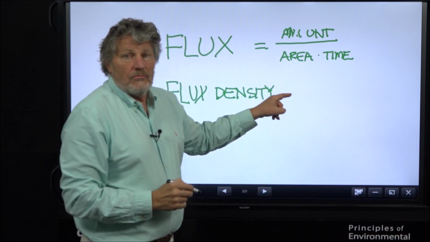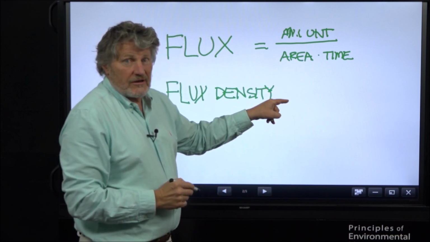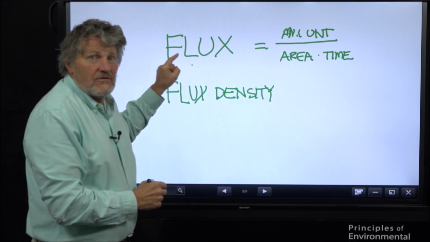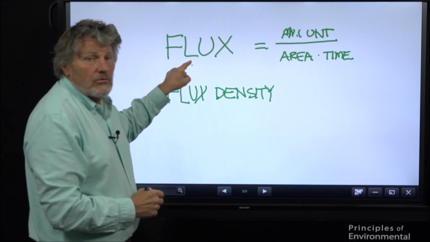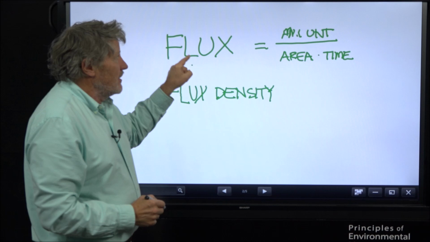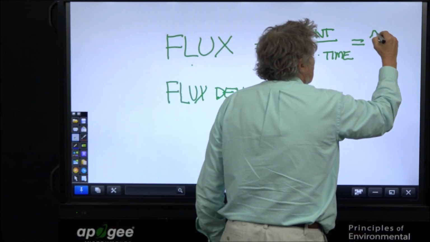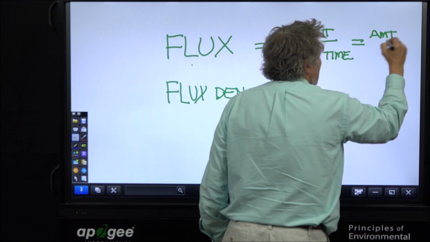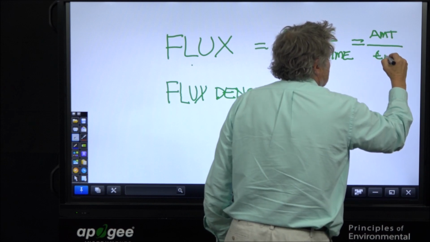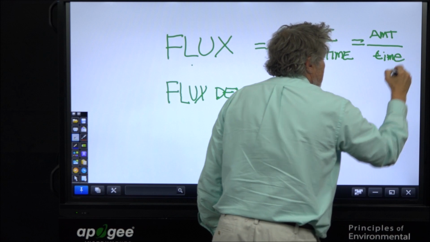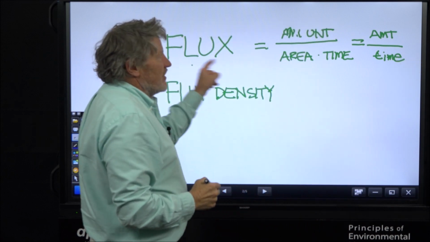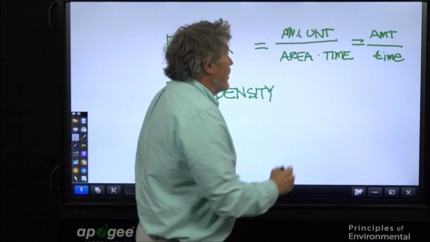this is also micromoles per meter squared per second, but it turns out physicists have trouble with the word flux. Many people define flux as just an amount per time. And a flux means an amount per time.